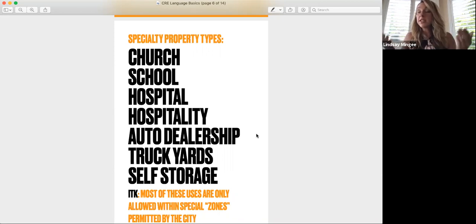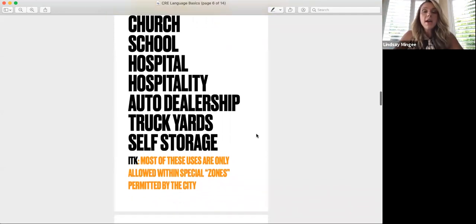So a hospital is different than a medical office building because you can't spend the night at your doctor's office, right? You have to go to a hospital if you are spending the night. Auto dealerships, truck yards are really interesting, and self-storage is also a commercial property type, right? Someone owns all of the units and they charge tenants rent on a very small square footage of that property.